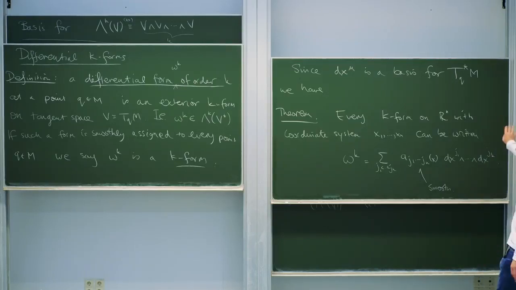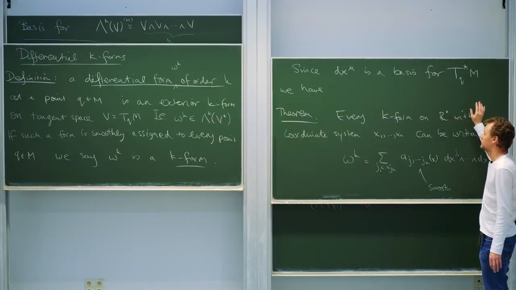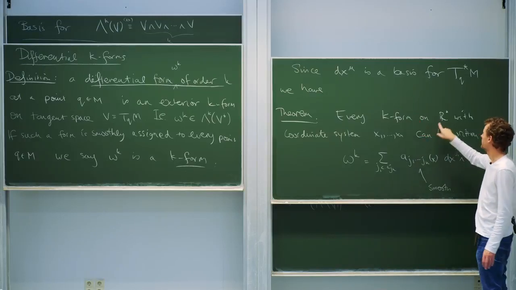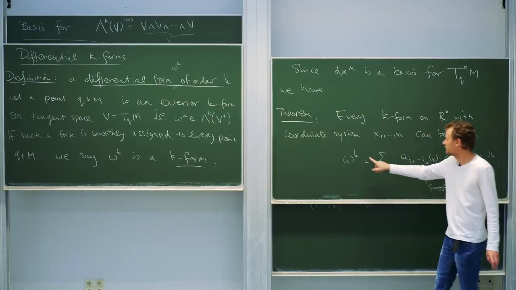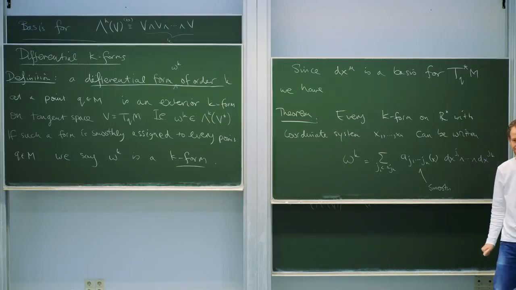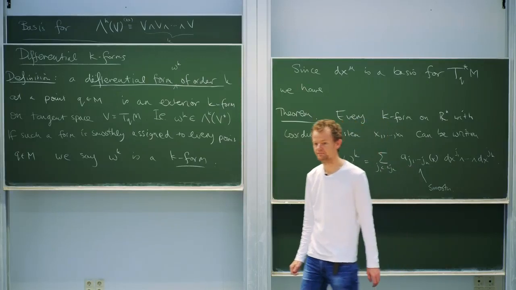If you have an arbitrary K-form on the example manifold R^n, then with this coordinate system, which is a global coordinate system since you need one chart to cover R^n, you can write a K-form in this particular way in terms of that basis. So I think at this point it's a good moment to stop. Thank you very much.